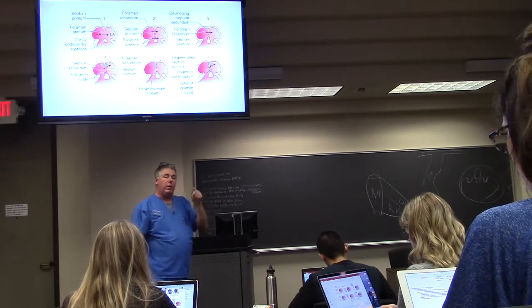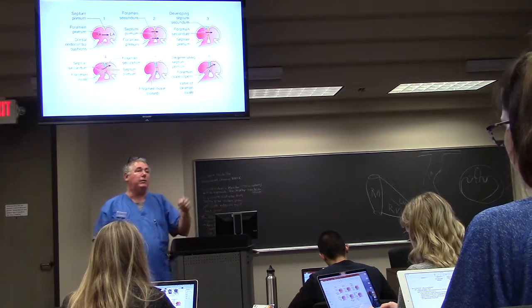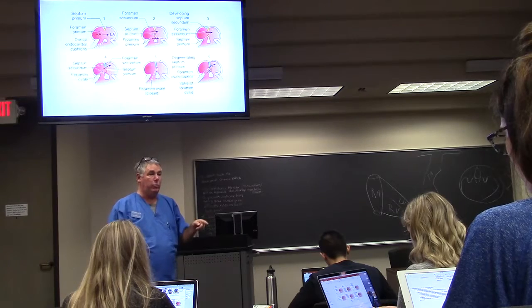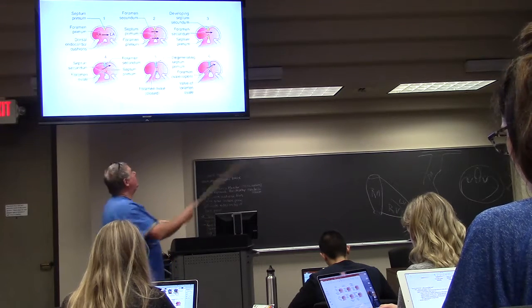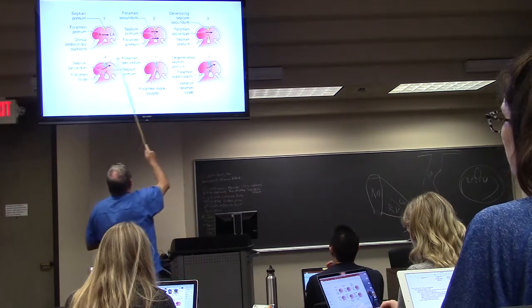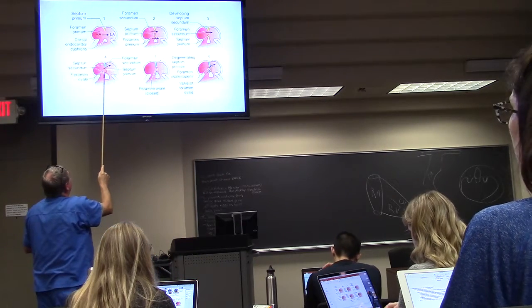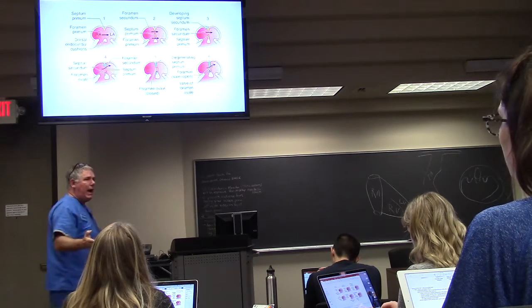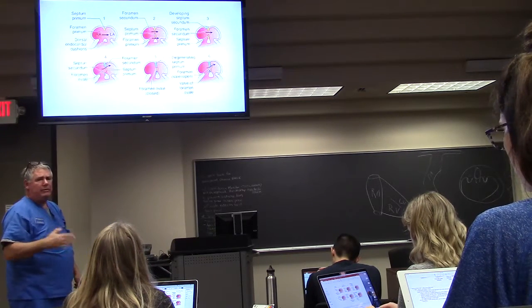Now, as soon as you start getting that, another septum starts growing down. That's called the septum secundum, and you can see that by this little blue thing right here. It grows down in front of, or on the right side of, the septum primum.